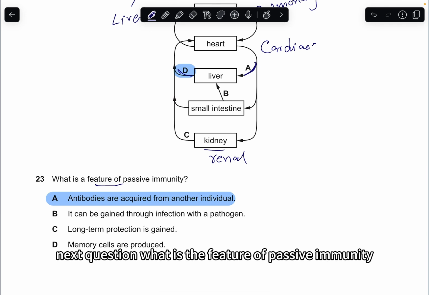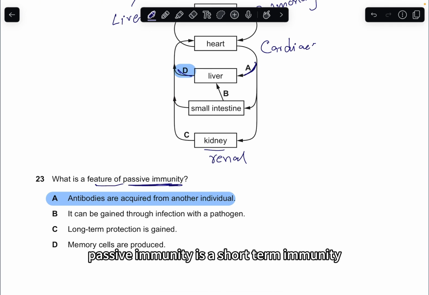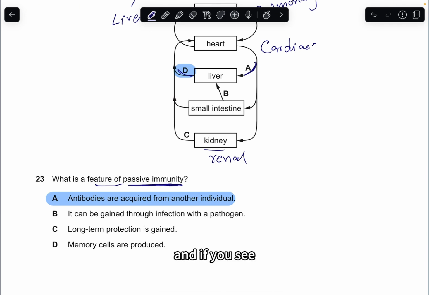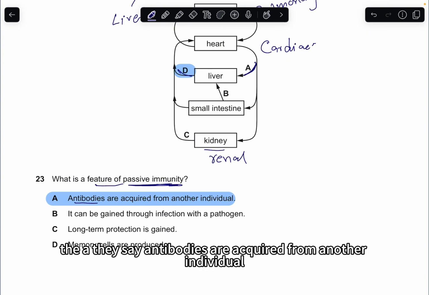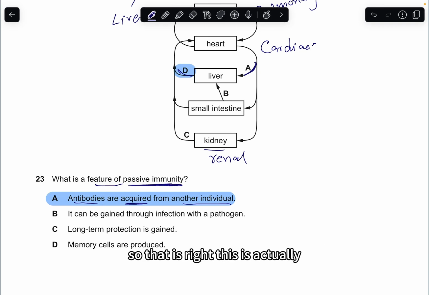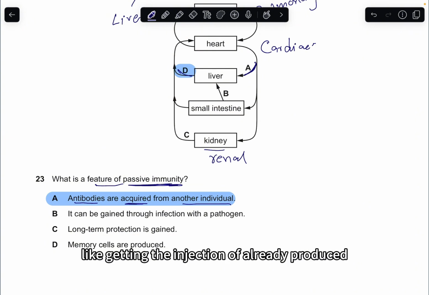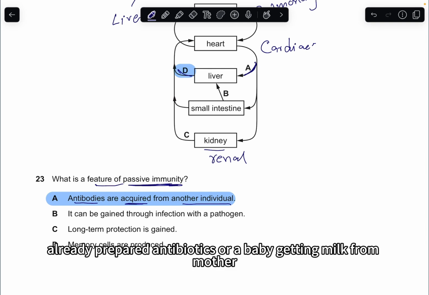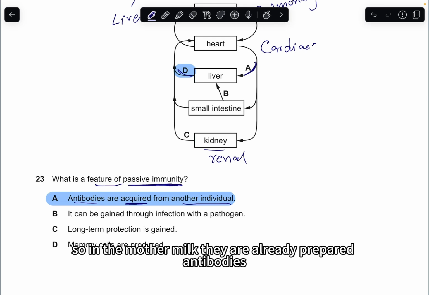Next question: what is the feature of passive immunity? Passive immunity is short-term immunity. In A, they say antibodies are acquired from another individual. That is right. Examples of passive immunity are getting an injection of already prepared antibodies, or a baby getting milk from its mother, which contains already prepared antibodies.